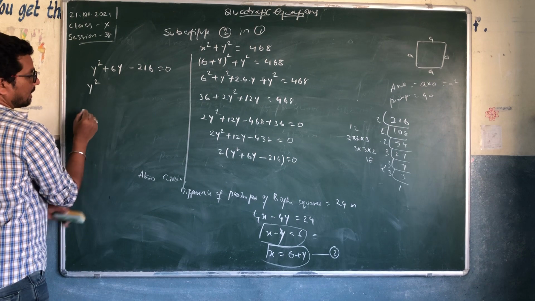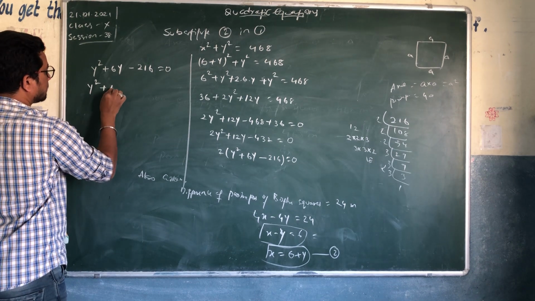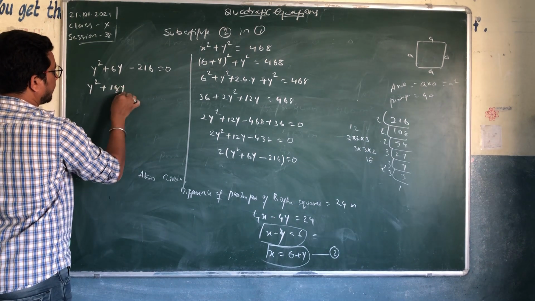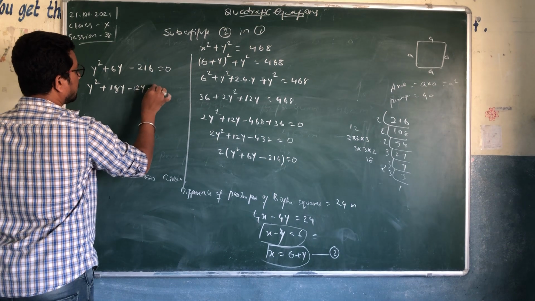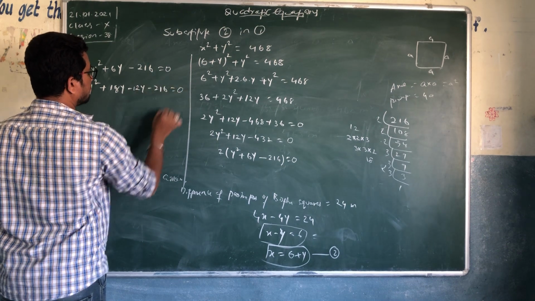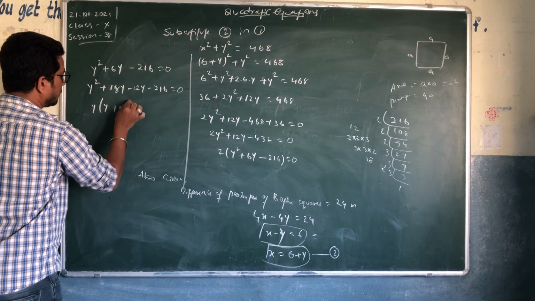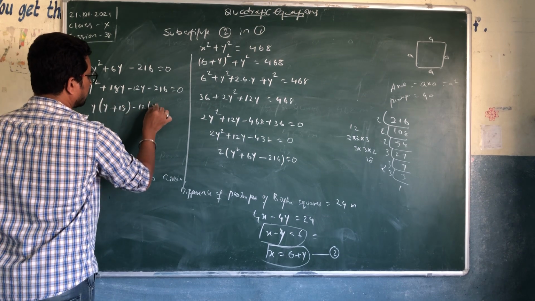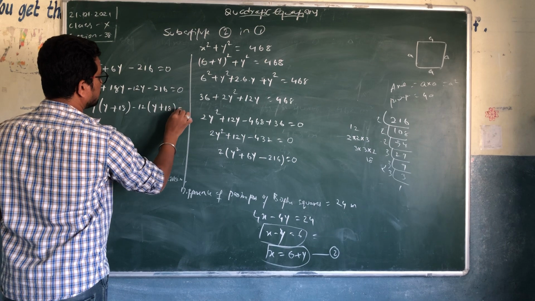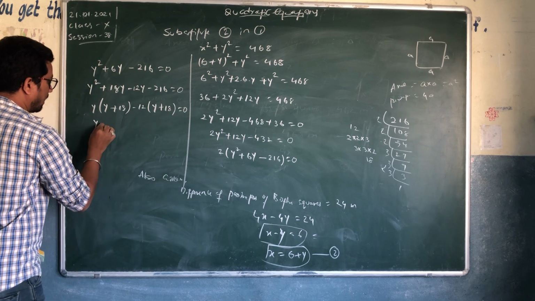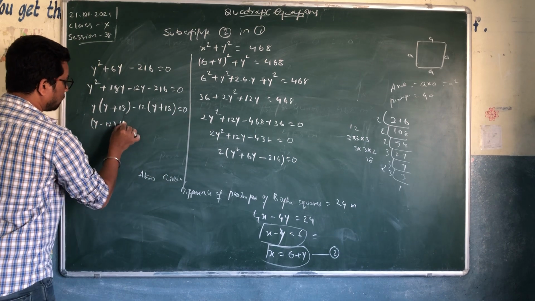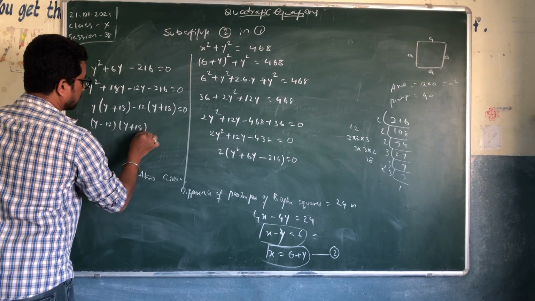Now y square plus 18y minus 12y minus 216 is equal to 0. If I take y common, y into (y plus 18), and minus 12 common, (y plus 18), is equal to 0. So (y minus 12) and (y plus 18) is equal to 0.